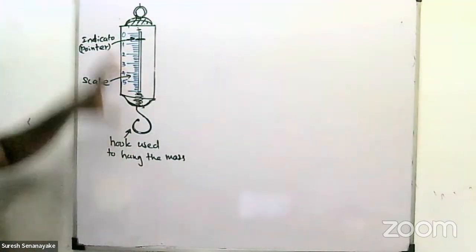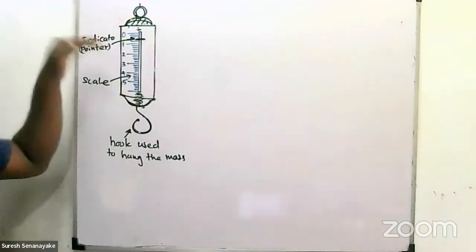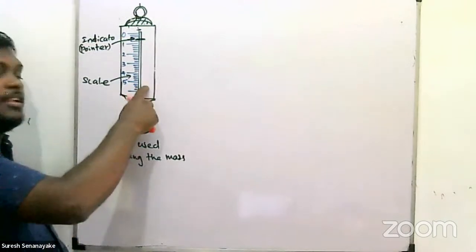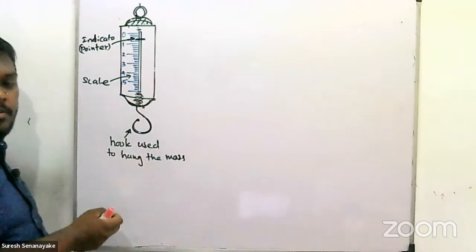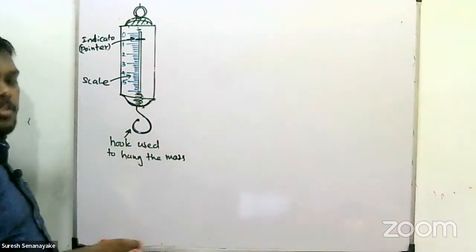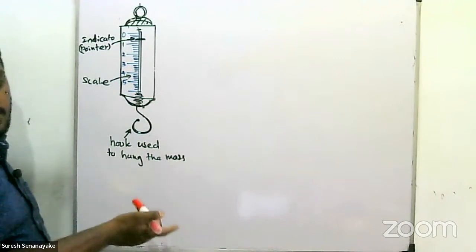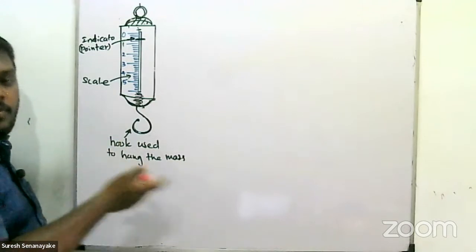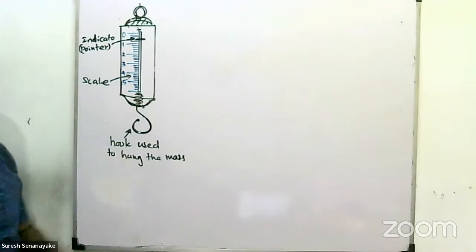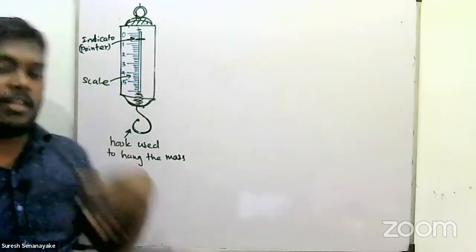If 10 centimeters is given for 10 kilogram, that means 1 centimeter for 1 kilogram, then 2 centimeter for 2 kilogram, then 1 millimeter for 100 grams. So likewise, you can divide equally and then you can get the measurement.